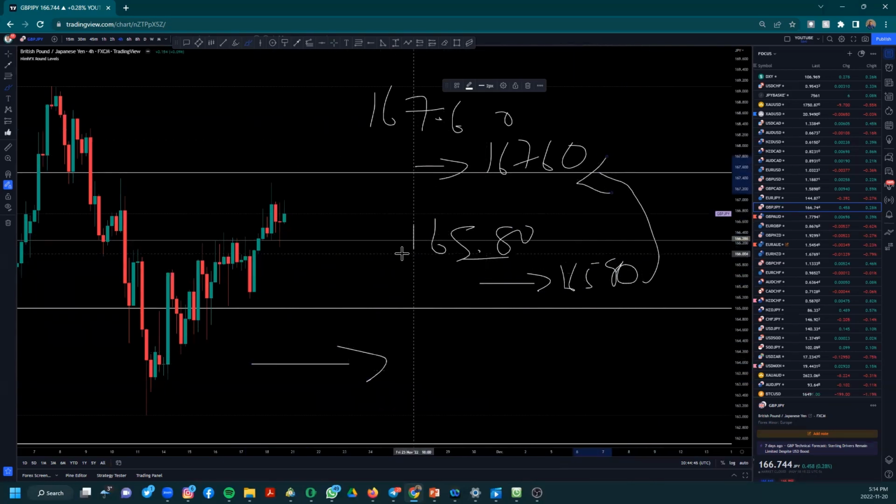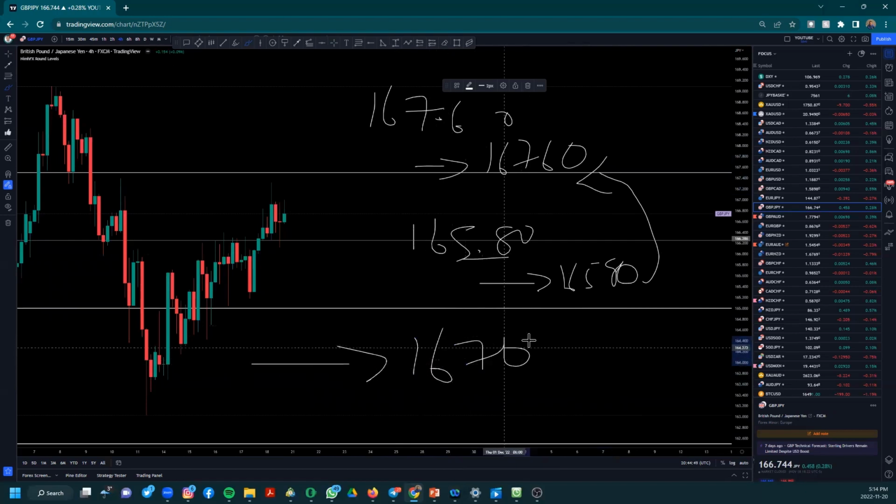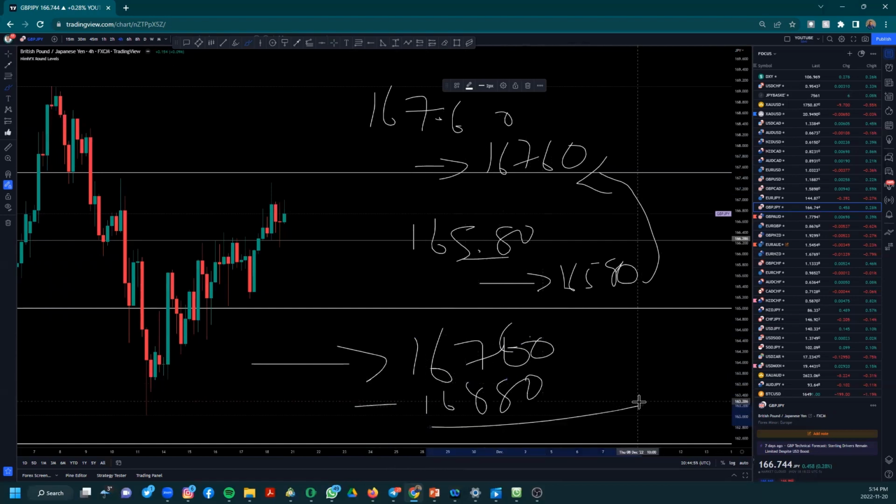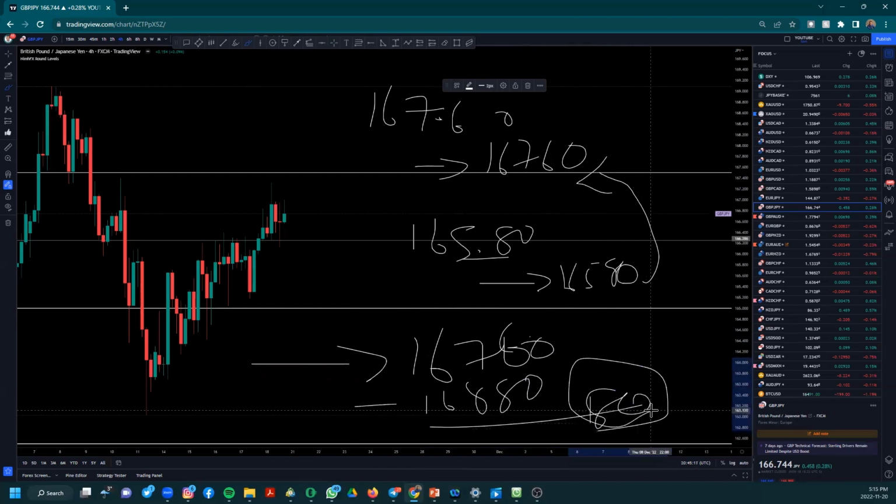So all we are doing is removing the decimal point. 167.60 minus 165.80, let's do this calculation real quick. This gives us 180 pips. So very simple. Some of the JPY pairs have 3 numbers before the decimal point, and some have 2. All you do is take the decimal point out, combine it together, and do the subtraction.